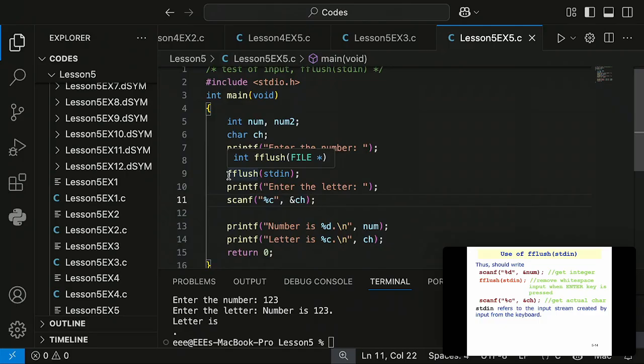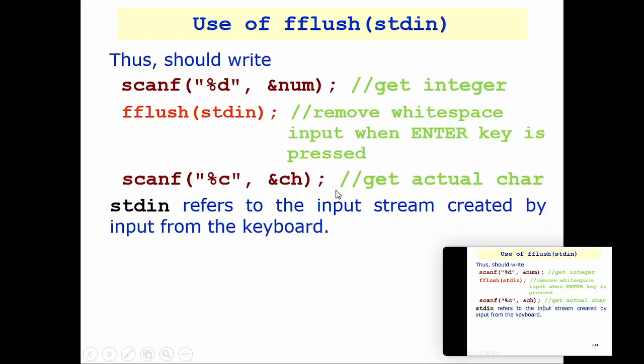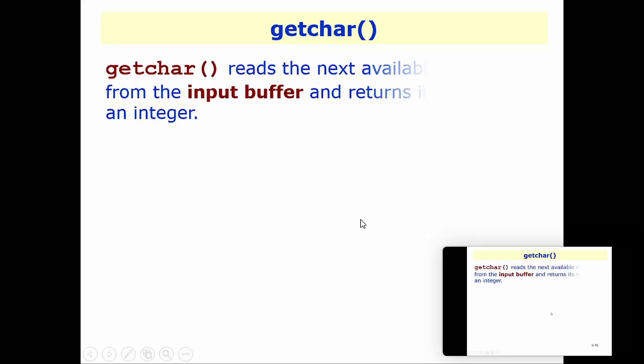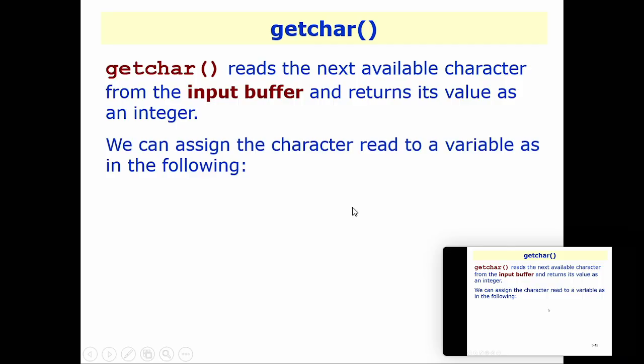Actually, the Mac has a different function, but I won't cover that. Yes. So this is the failed demonstration. Okay. Then, to obtain the letter, single character, you can use getchar as well.